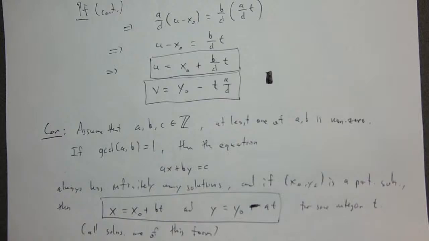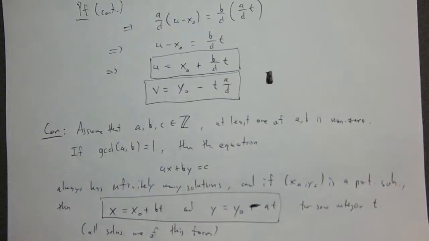If it does, all you need to do is find one of them and you get infinitely many, and you know the form that all of them have to take. Similarly, if you've already simplified your equation and you found a single particular solution, then this is the form that any of them have to take.